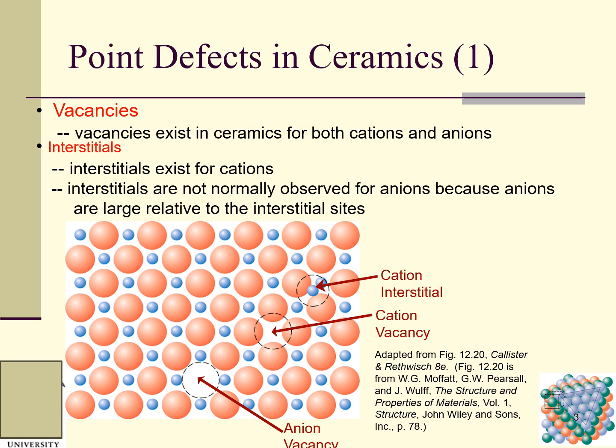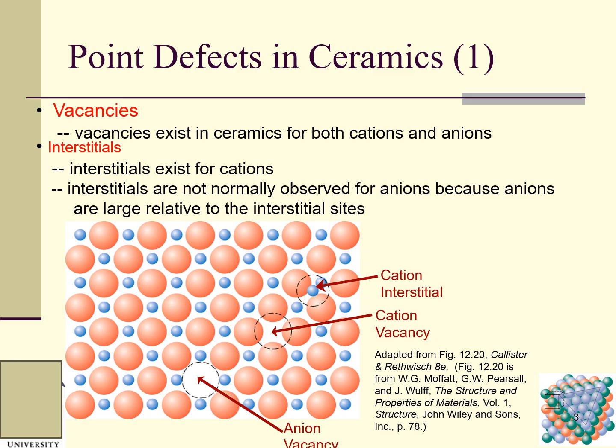The difference between ceramic materials and metal materials is that for ceramics we typically have two kinds of ions, one called cations and one called anions. But for metal, we have only one kind of ion. And we have vacancies.